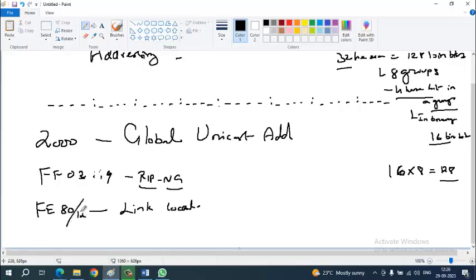You can put 12 also. Totally 16 bits. Only these bits are reserved. You cannot have any other number. Only these things are masked. The 0 can also be anything, but usually you don't see any number other than 0 there. So link local address always FE80.